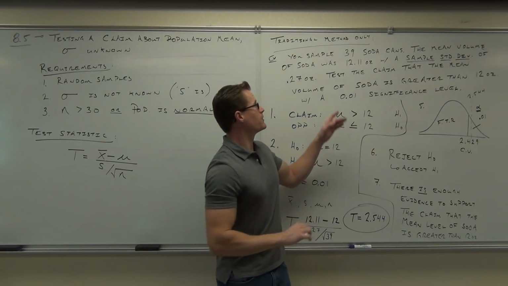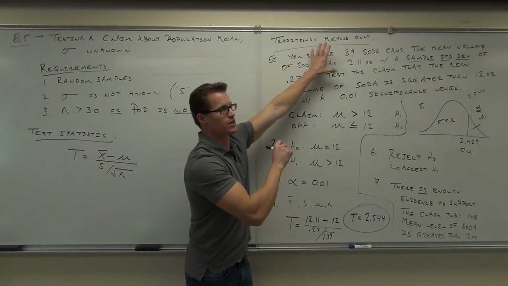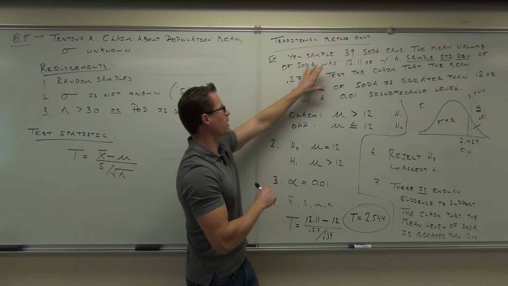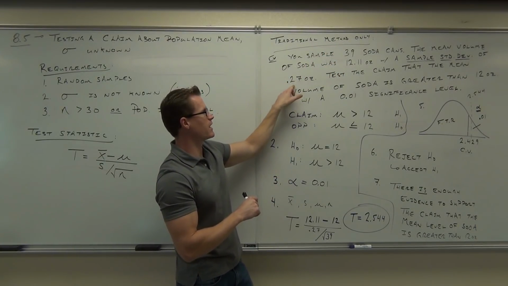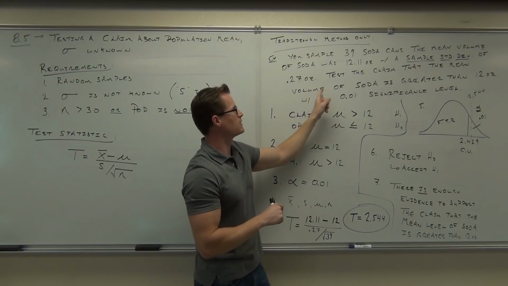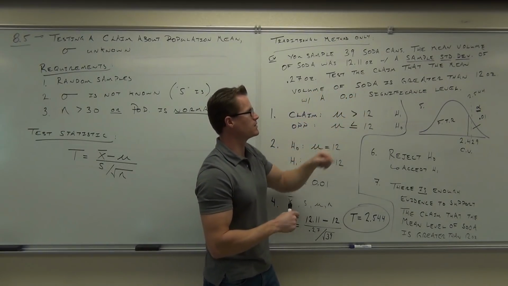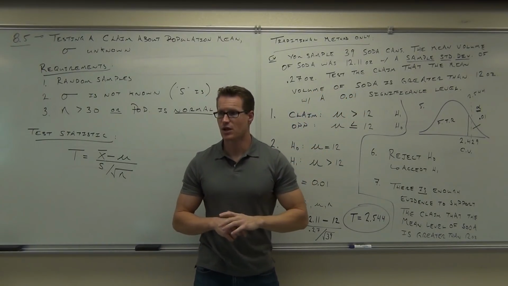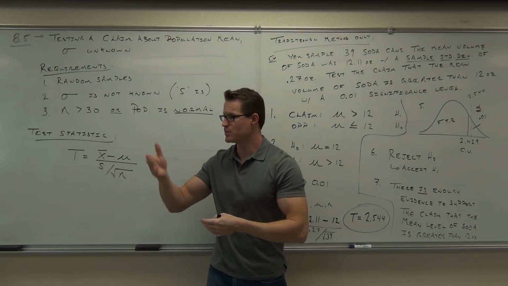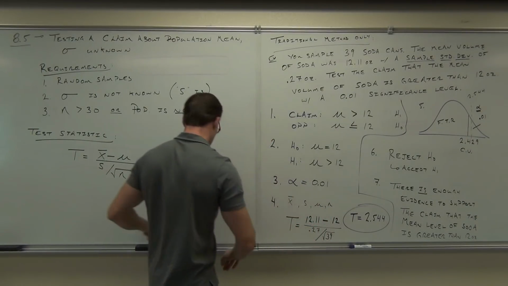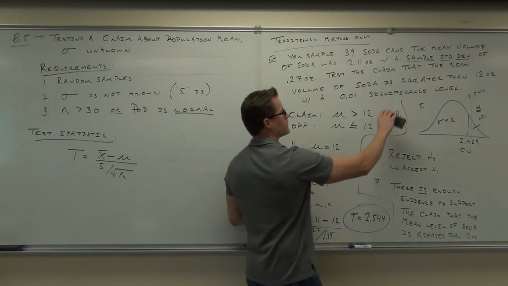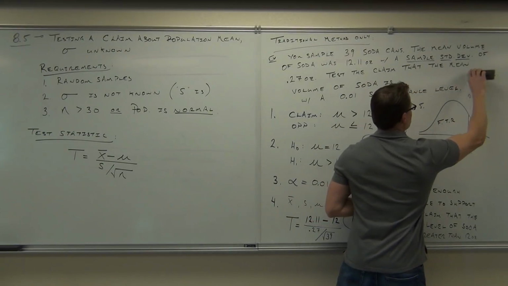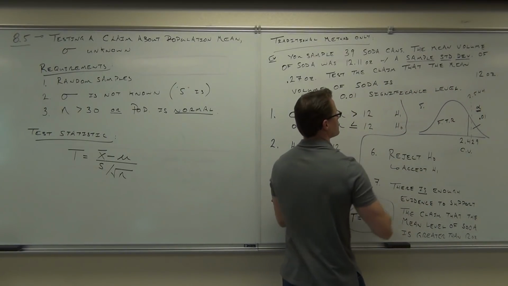This all stays the same: 39 cans, 12.11 ounces, standard deviation is 0.27 ounces. Test the claim that the mean volume of soda is not equal to 12 ounces. So we're just testing whether we're giving away too much or not enough soda. So change your problem: it's now not equal to 12 ounces.